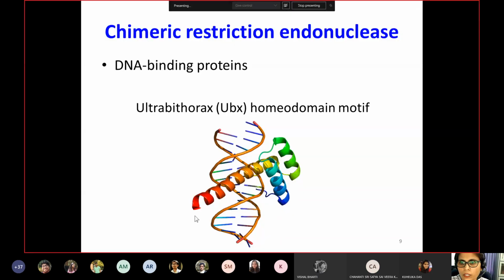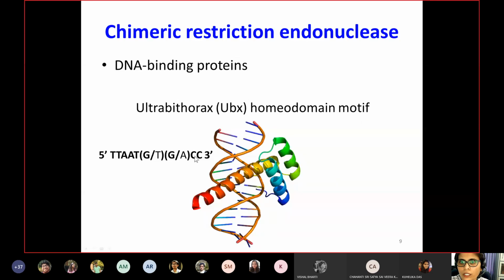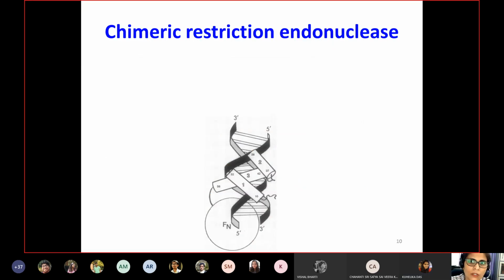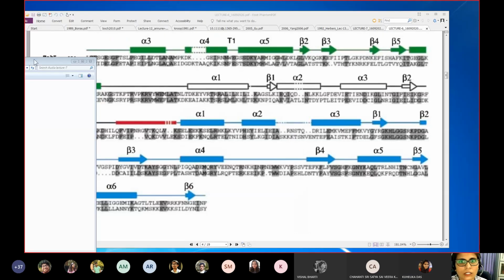So this is the UBX domain, and this is the CC, and the CC should be there at the end. So TT is at the 5' site. Yes, ma'am. In place of CC, later on in the slides, it was TT. You have to check actually in the 5' codon. There is the codon region and the non-coding region. You should check that, because that will create a mistake if you are putting it wrong.